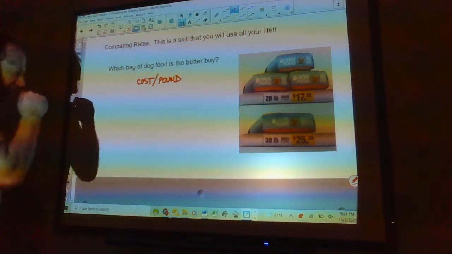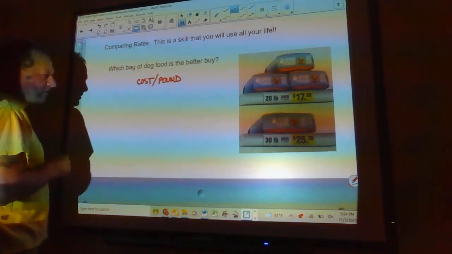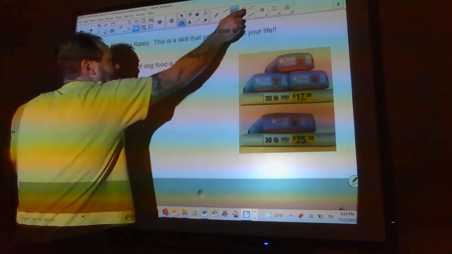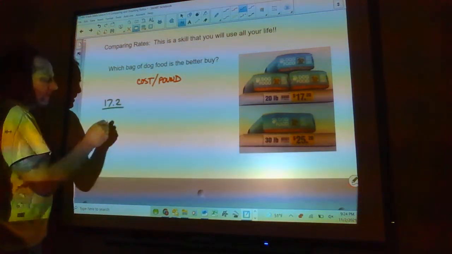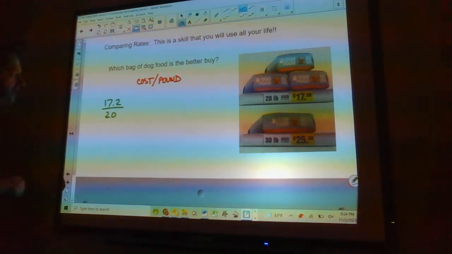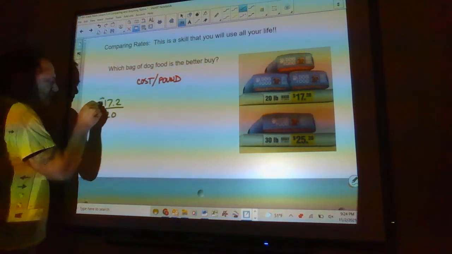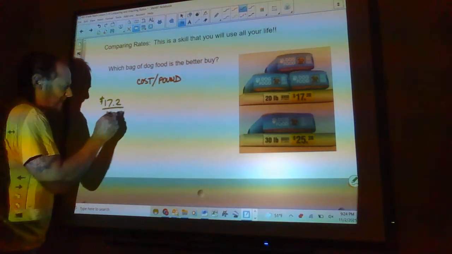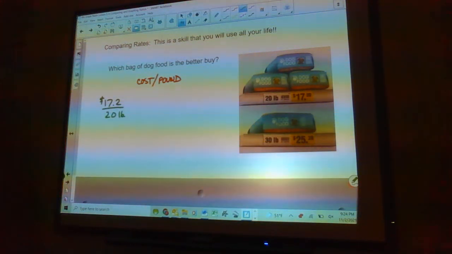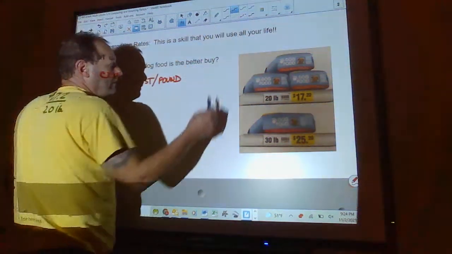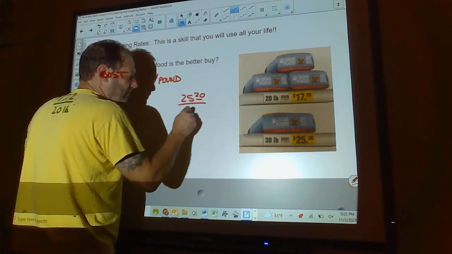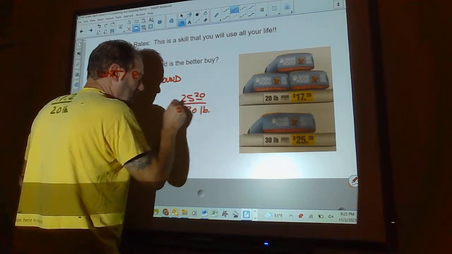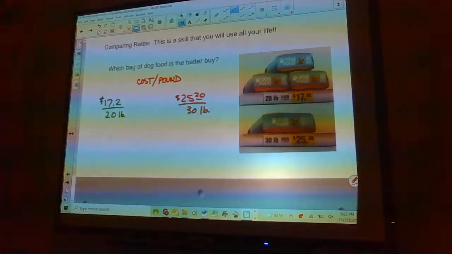Excuse me. So, cost per pound means that we're going to take one of these. It's going to be $17.20 over 20 pounds, and that will give me the cost per pound right here. And then over here, this one is going to be $25.20 for 30 pounds. So we just have to figure out which one's the cheapest.